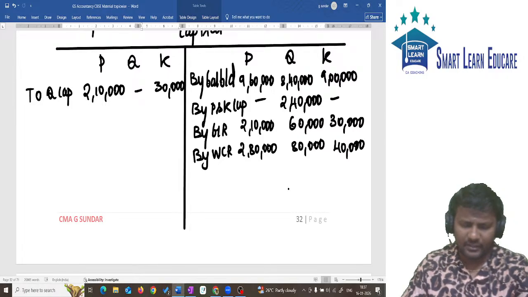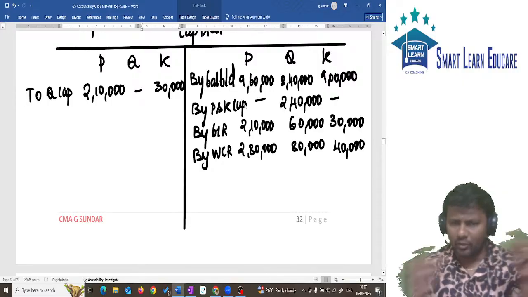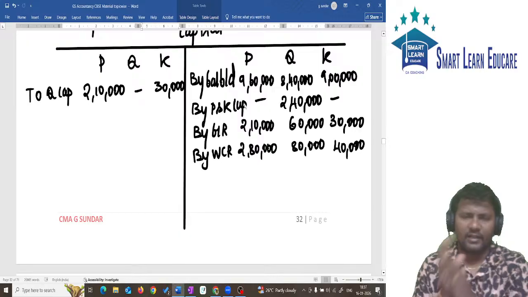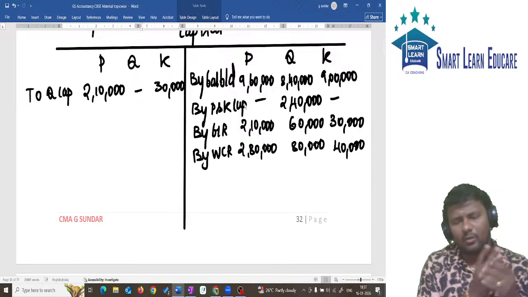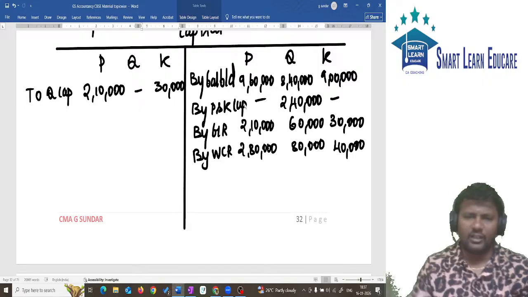So I will repeat what we discussed till now. First, balance of partners capital and the goodwill entry are posted on both the debit side and the credit side, and the general reserve should be transferred to partners capital, and the workman compensation reserve should be transferred to partners capital. And now we need to write this revaluation.